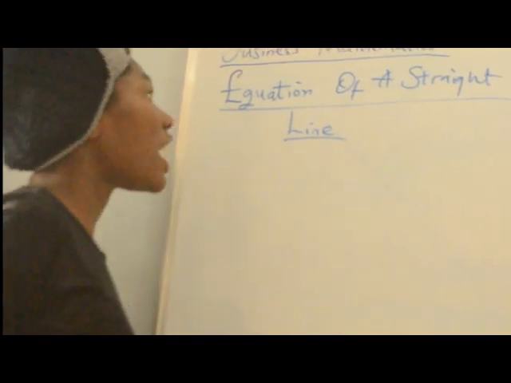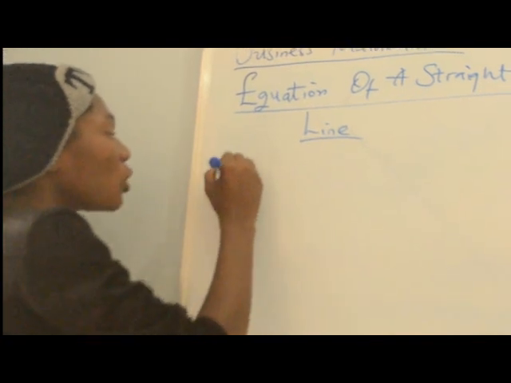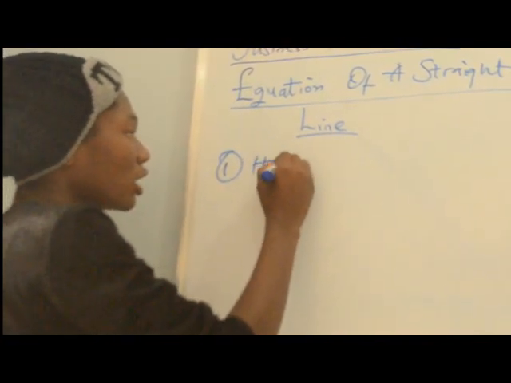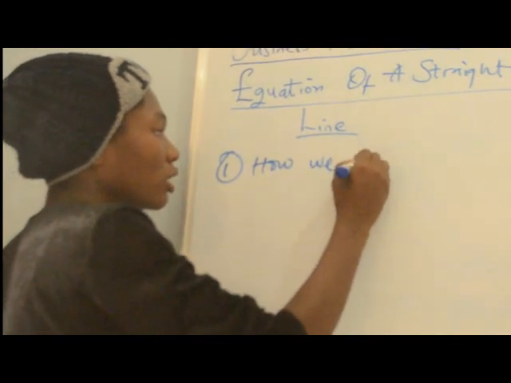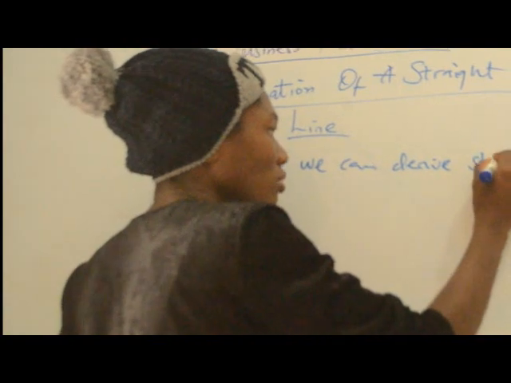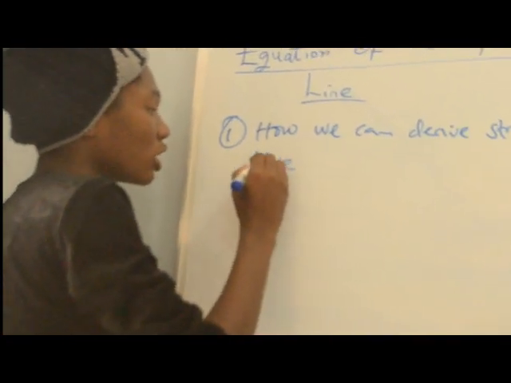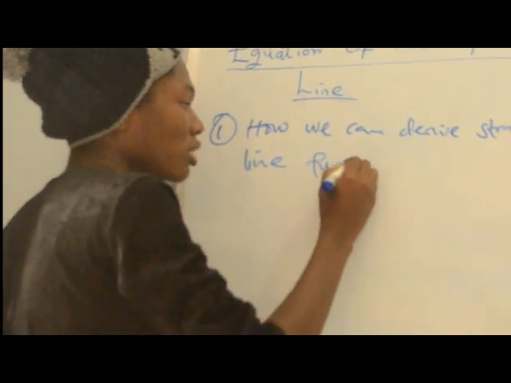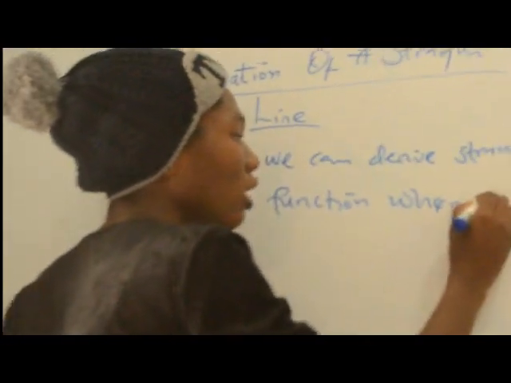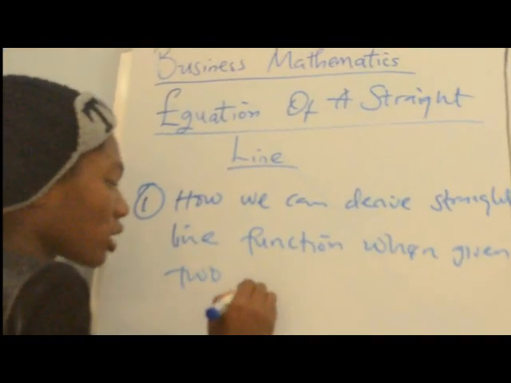Okay, so for our first lesson, we'll be looking at how we can get the equation of a straight line function when given 2 points.